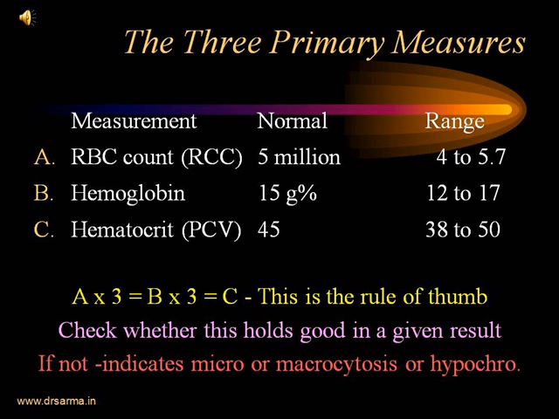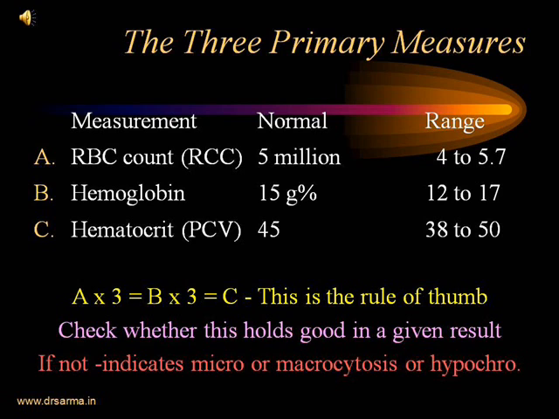The normal value of RCC is 5 million per cubic millimeter of blood. Of course, it has got a range from 4 to 5.7. The normal value of hemoglobin is 15 grams per cent with a range of 12 to 17. The hematocrit has got an average value of 45 with a range of 38 to 50.